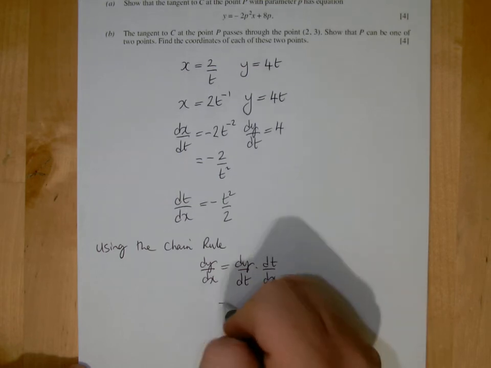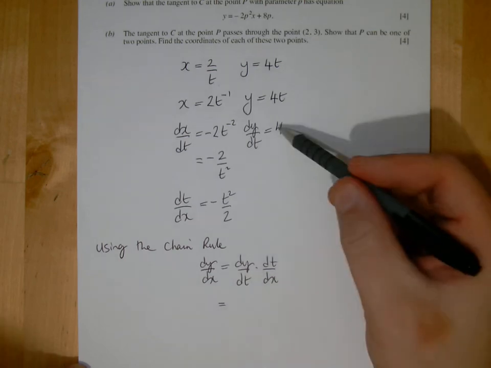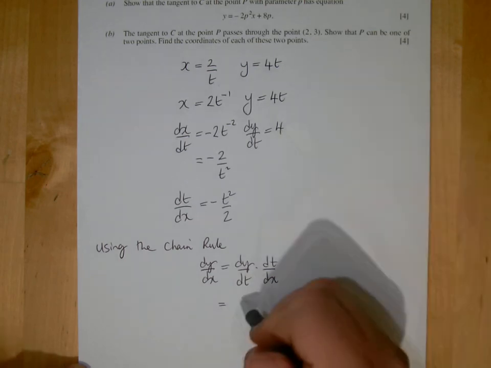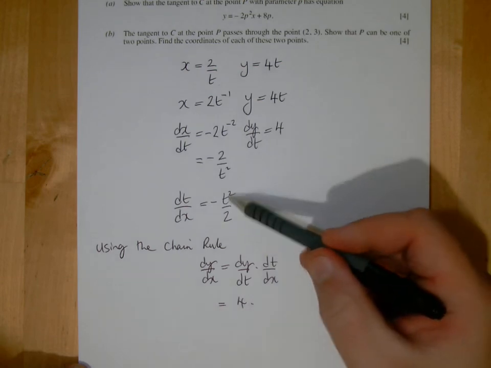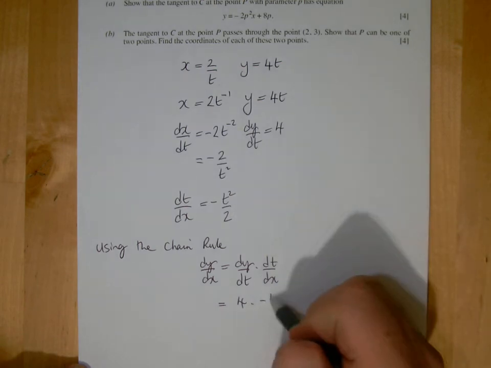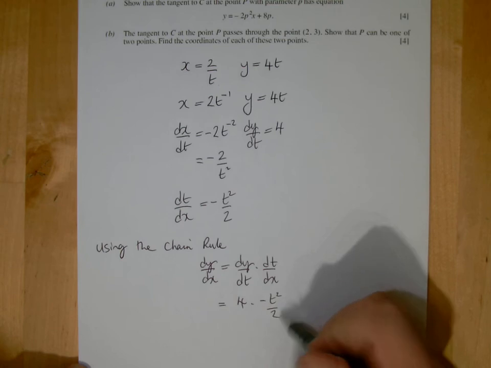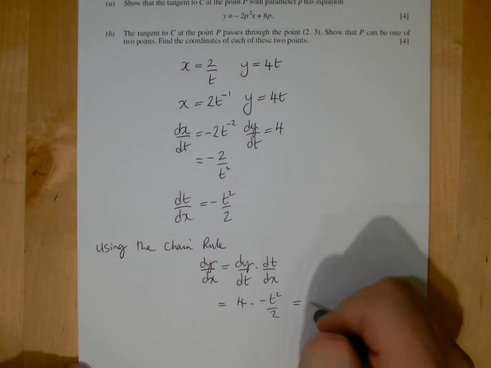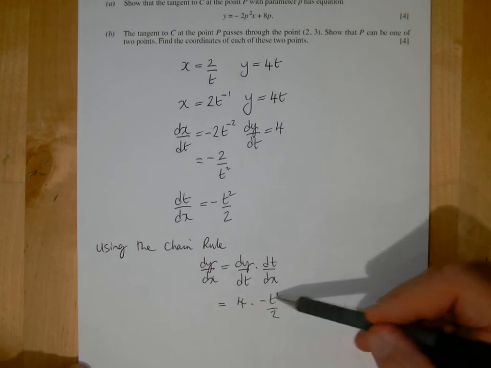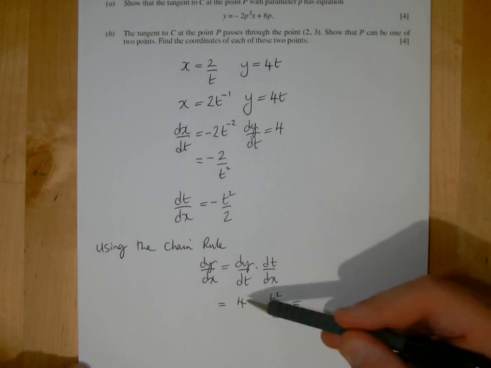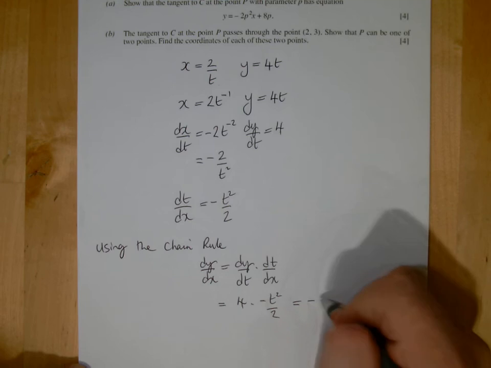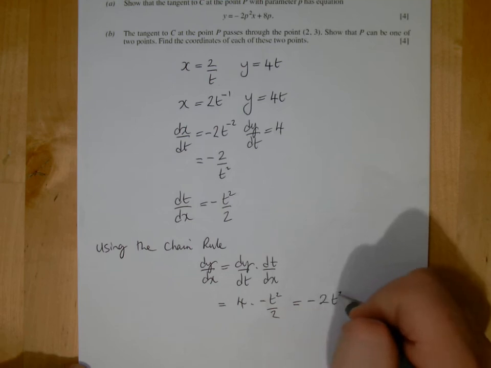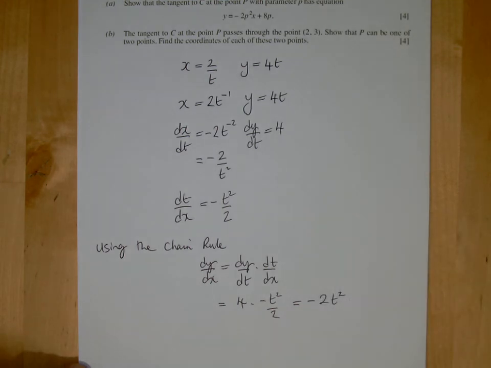Okay, so dy by dt is 4, and dt by dx is minus t squared over 2. So my dy by dx is, well, if I times these, 4 on top, 2 on bottom, so 4 divided by 2 is 2. So put the minus there, so you get minus 2t squared. Okay, that's what my dy by dx is there.